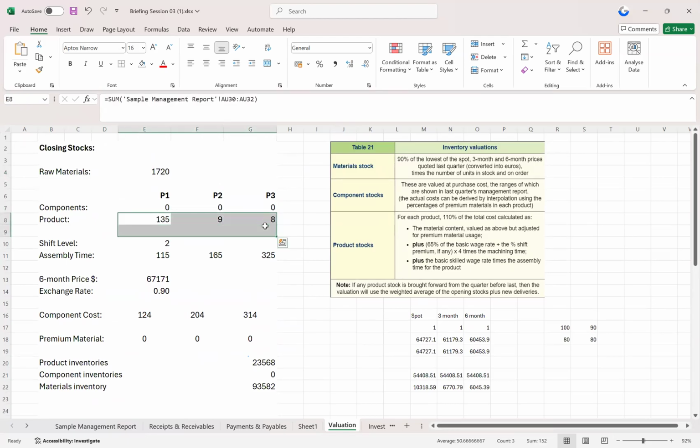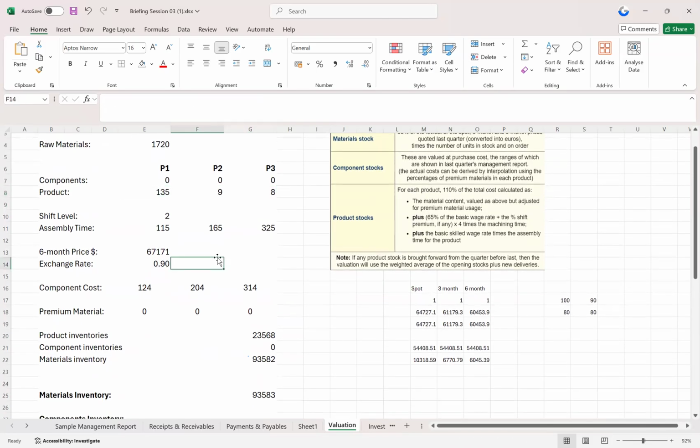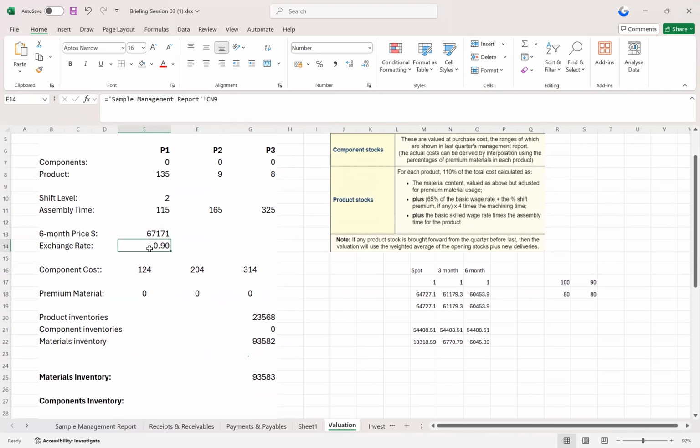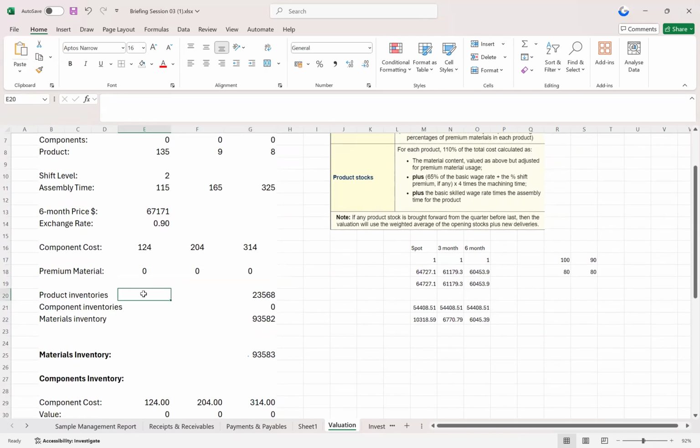This is my closing stock of products, the shift level I'm operating at, the assembly time, the inventory price in dollars in the last quarter, the exchange rate, and the component cost. I am doing this calculation at 0% premium material, and these were the values reported in my balance sheet.